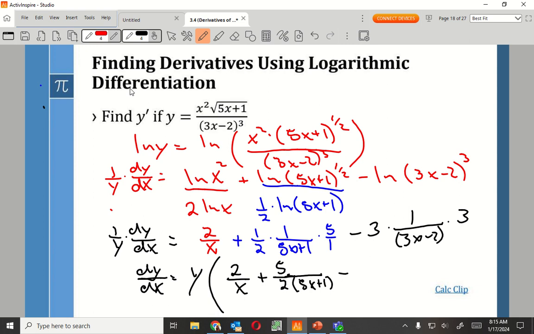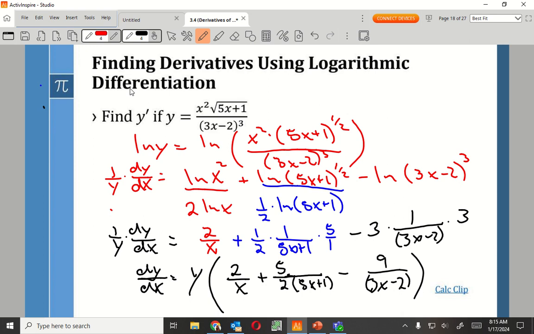This one could be just 9 over 3x minus 2. Well, wait. There's more. I know you guys hate me now. It's just a longer process. There's one last thing I have to do.